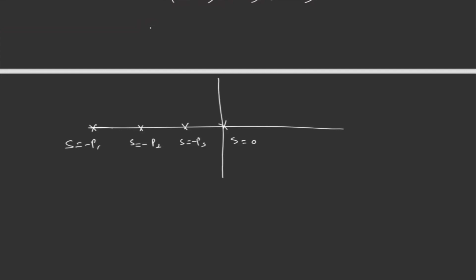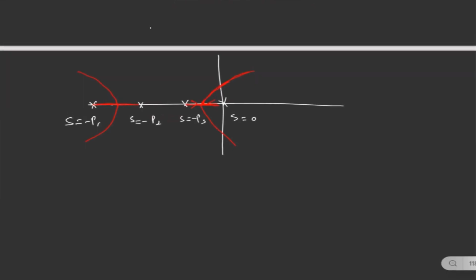So it is quite obvious there will be locus in between these poles, and there will be a breakaway somewhere here, and some locus will be like this, and another locus will be like this. If you take some example with numerical values of P1, P2, P3, you'll have a locus something like this.